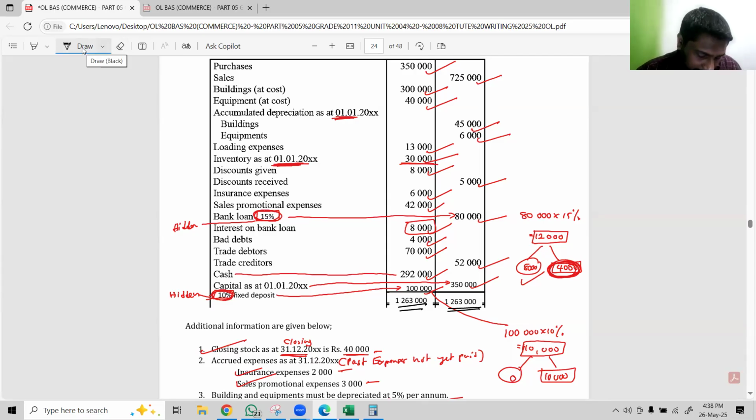350 plus 300 plus 40 plus 13 plus 30 plus 8 plus 6 plus 42 plus 8 plus 4 plus 70 plus 292 plus 100, 1263. 725 plus 45 plus 6 plus 5 plus 80 plus 52 plus 350, 1263. Now trial balance is balanced.